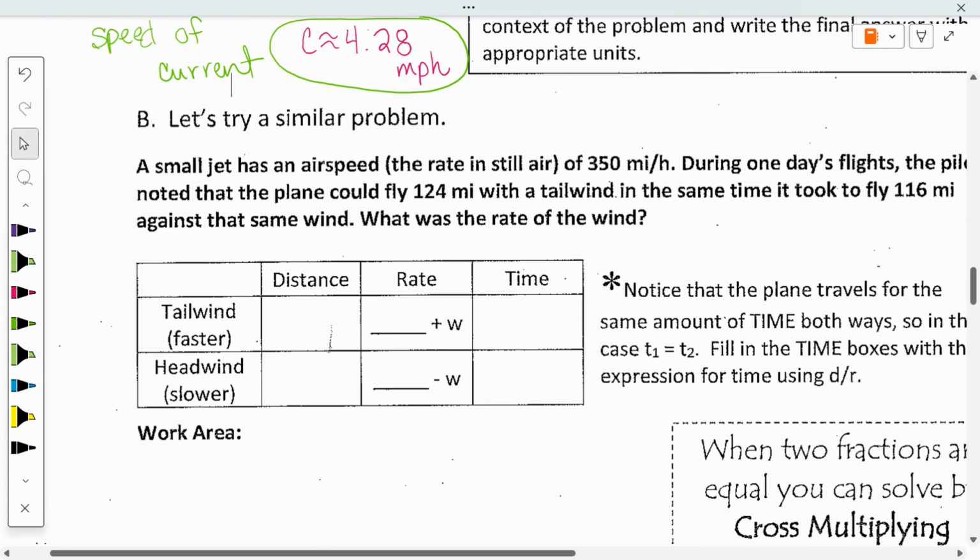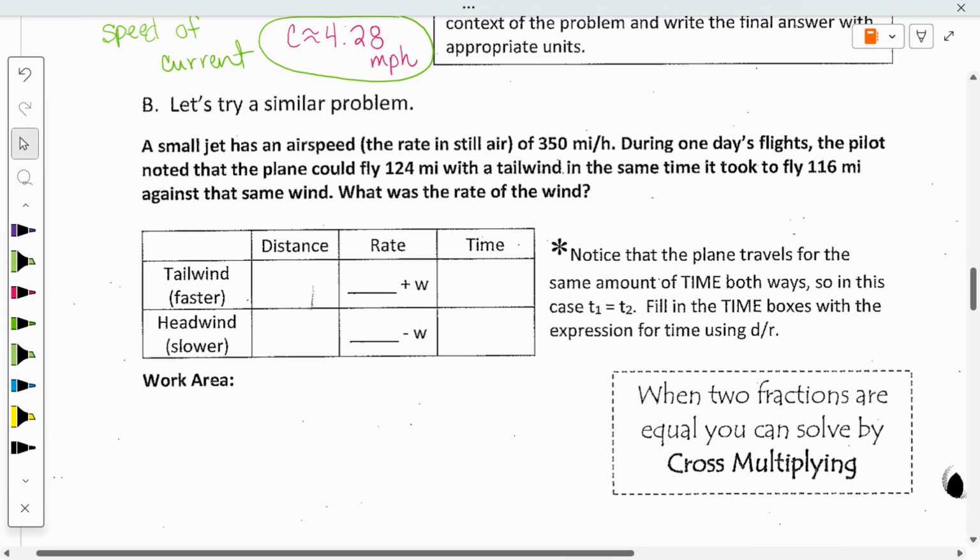Okay, so a small jet has an airspeed, that's the rate in still air, of 350 miles per hour. During one day's flights, the pilot noted that the plane could fly 121 miles with a tailwind in the same time that it took to fly 116 miles against the same wind. What is the rate of the wind?